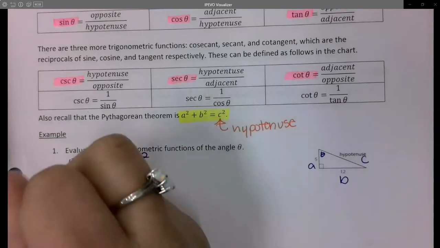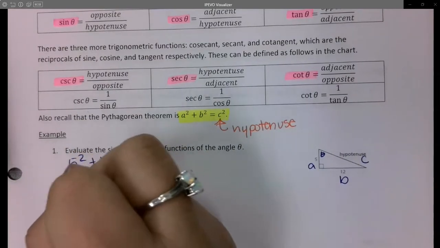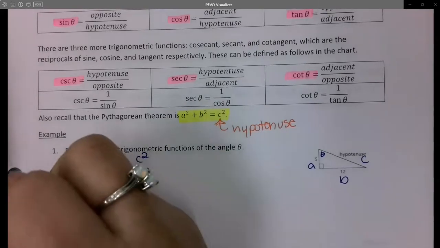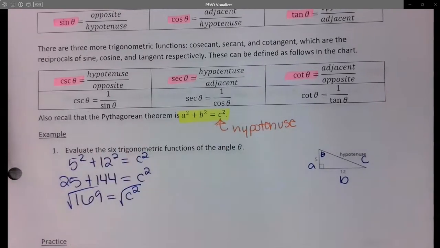25 plus 144 is 169. Then I want to go ahead and take the square root of both sides.